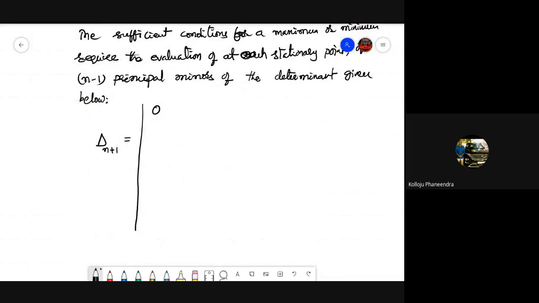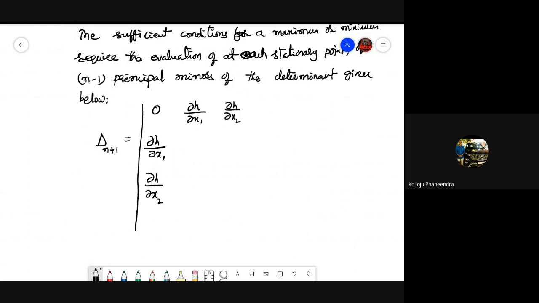What is the first row? For the constraint h, only one constraint we have considered, you find the partial derivatives with respect to the variables: 0, dou h by dou x1, dou h by dou x2. And same thing you write in the first column also, dou h by dou x1, dou h by dou x2.